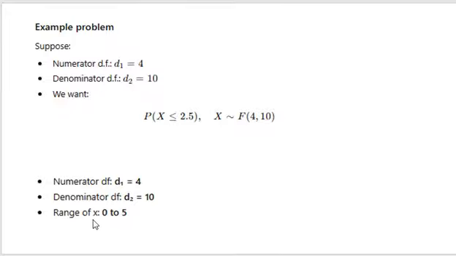We have a range of x from 0 to 5, but d1 and d2, the numerator and denominator, are similar to the first example. Based on this explanation, we're moving to the next section, the MATLAB workspace, to code our examples.